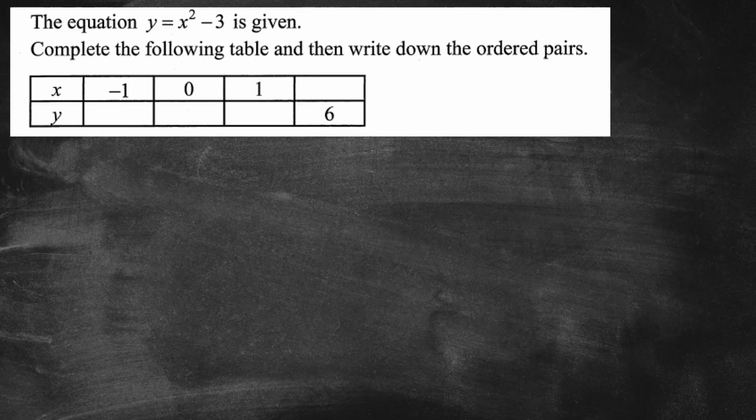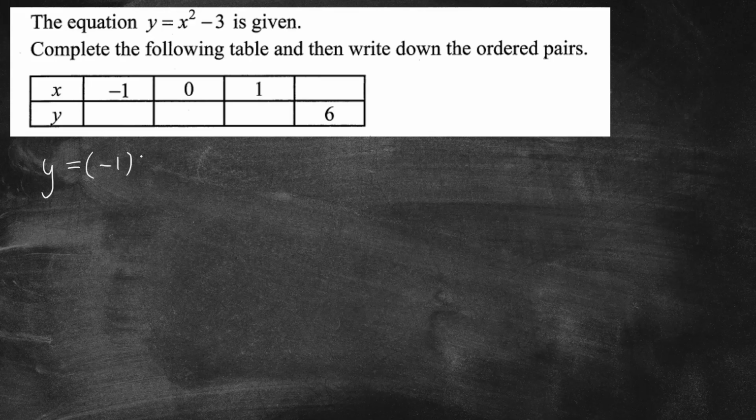Okay, now for the final one, this is in a table, and we're again given the equation y equals x squared minus 3. So for the ordered pairs that we need to find, for the first 3 we've got the x values, and for the last one we've got the y value. If we're given the x values, it's pretty straightforward. Just substitute it into the equation.